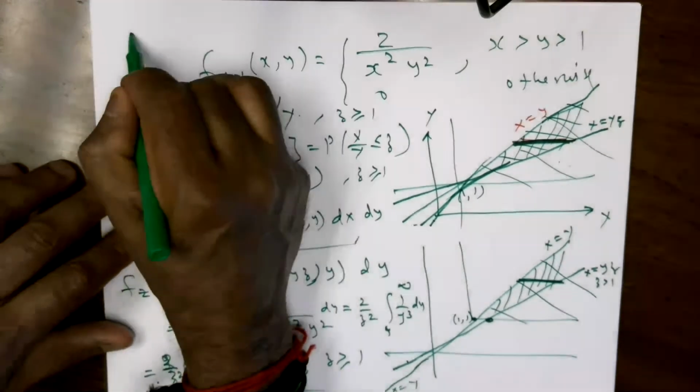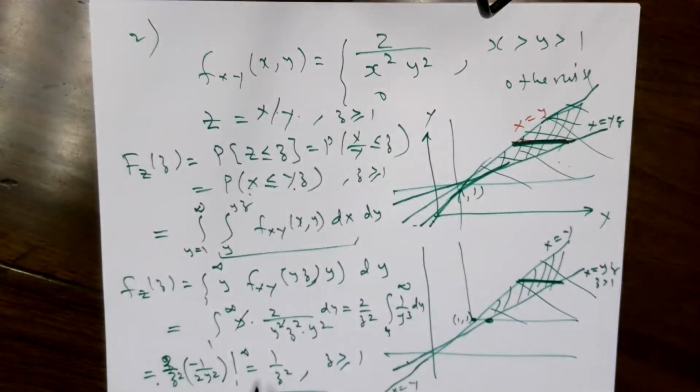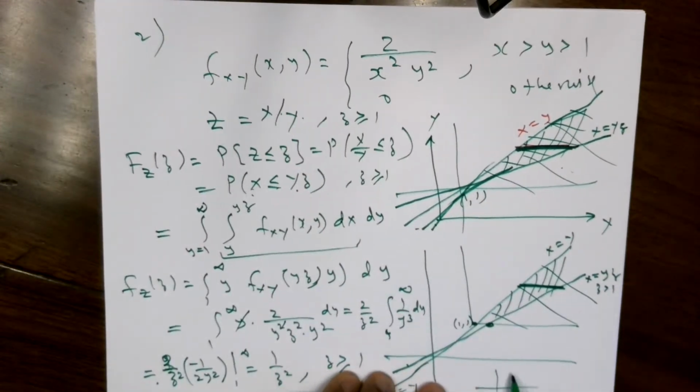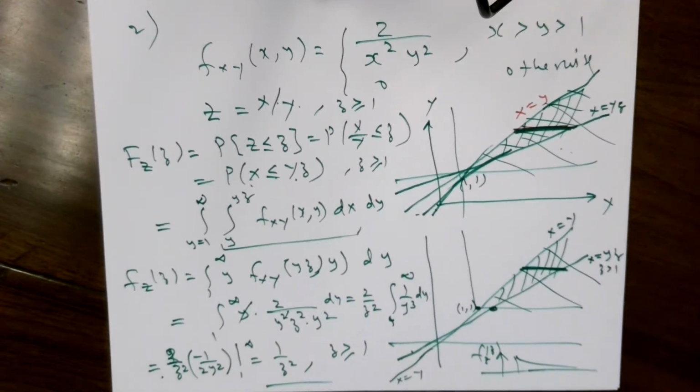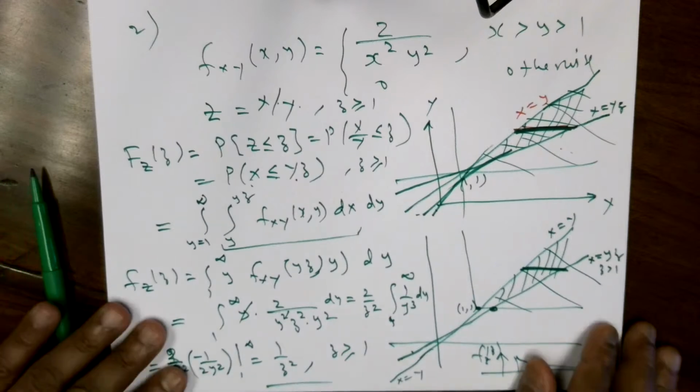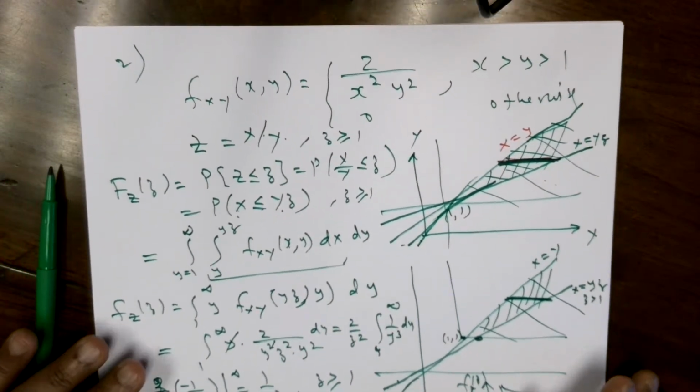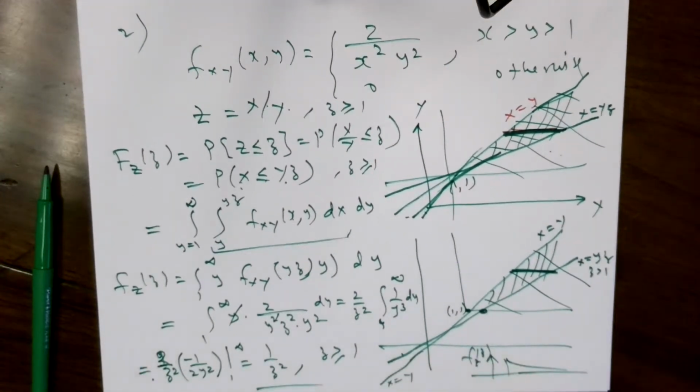Which is also a density function because the area under that curve is 1, so it's essentially like this. So that's it. That's the two problems on functions of two random variables.